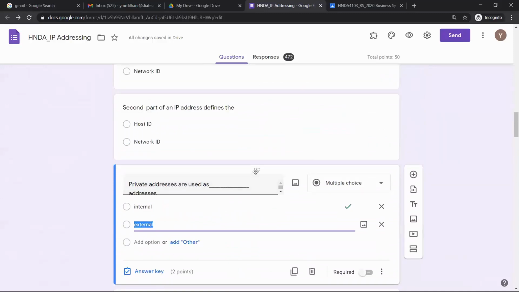And now another concept, internal and external, right? Here another term is known as private addresses and public addresses. So we can have a set of private addresses within our own network.